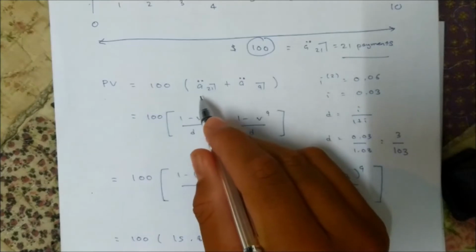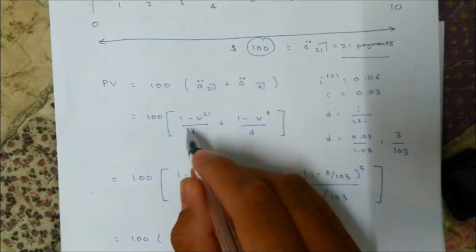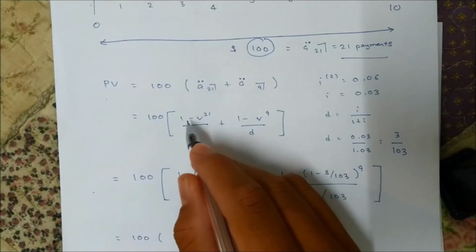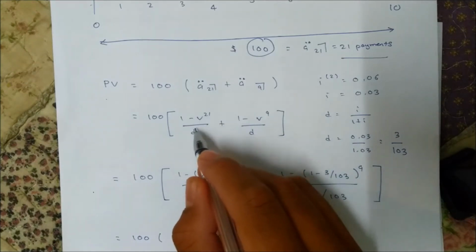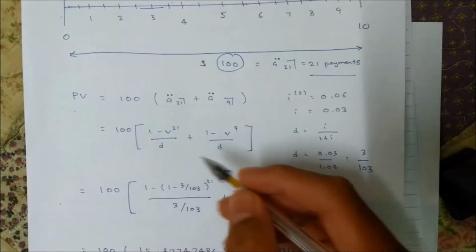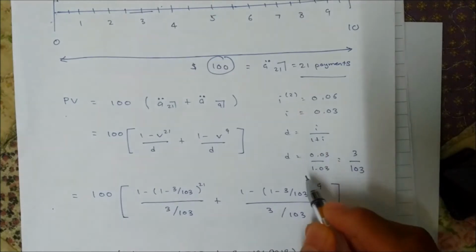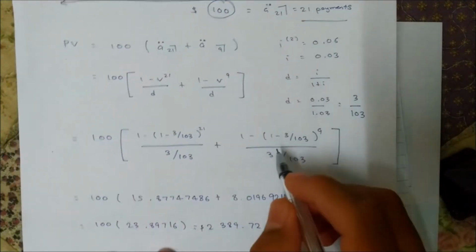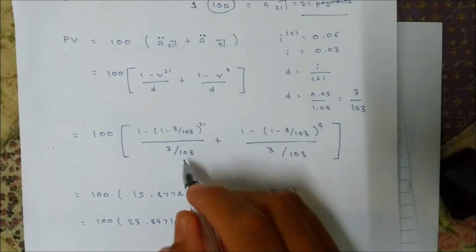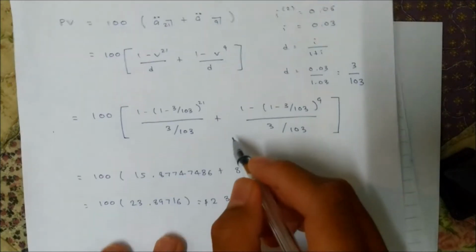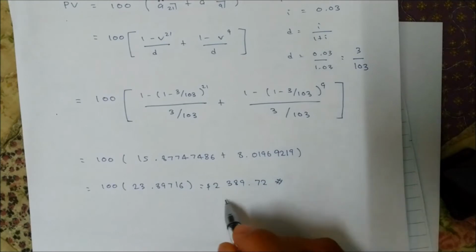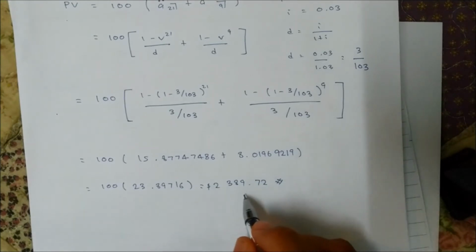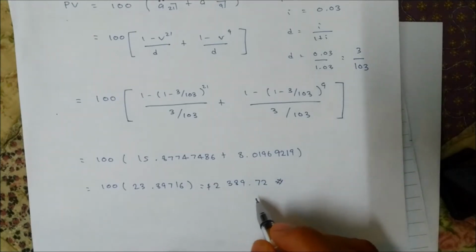Since we are using a double dot angle, the formula is going to be 1 minus v^n over d. So d we need to calculate separately, which is this: d equals 3 over 103. When we calculate the equation here, we will get the answer, which is $2,389.72.